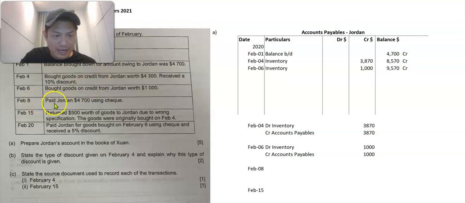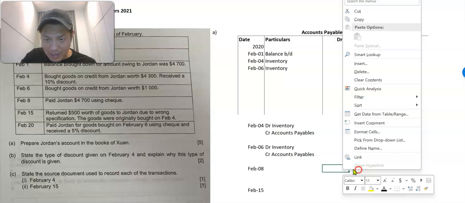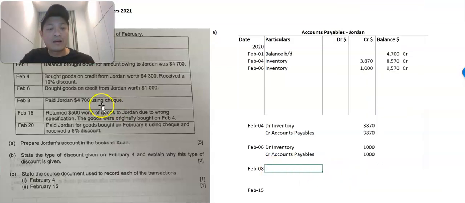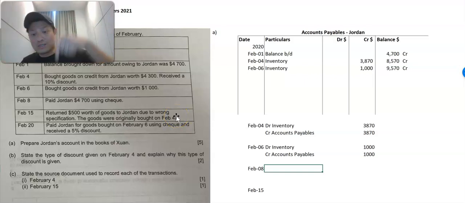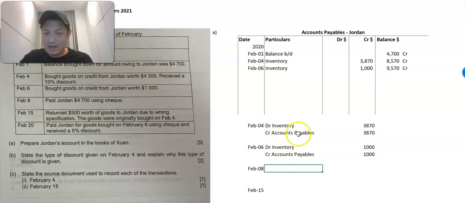Okay, so February 8th, paid Jordan 4,000 using check. So when you pay Jordan an amount using a check, your accounts payable actually goes down. As opposed to what we've been doing in the first two lines here, where accounts payable has been going up, now it's going down.